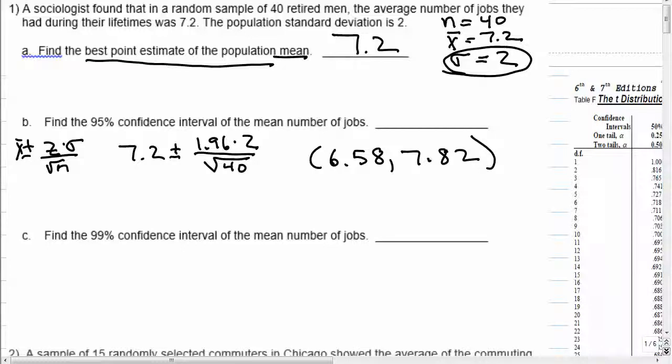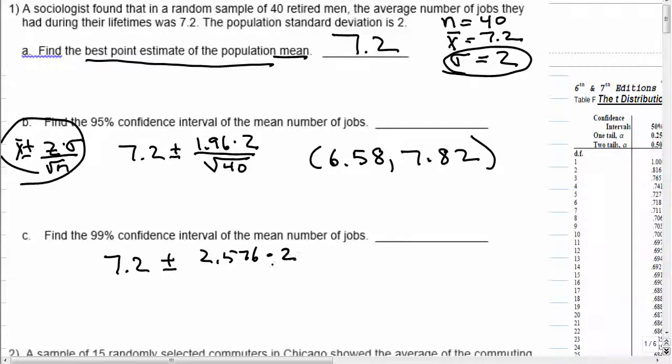Alright, C, we want a 99% confidence interval for the mean. Again, confidence interval. We know the population standard deviation. So again, the same formula. And therefore, here it's going to be 7.2 plus or minus. The z-score for a 99% confidence interval is 2.576.